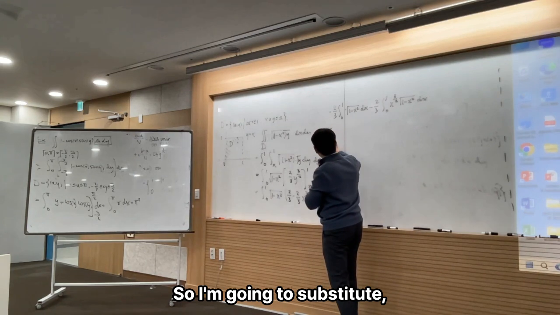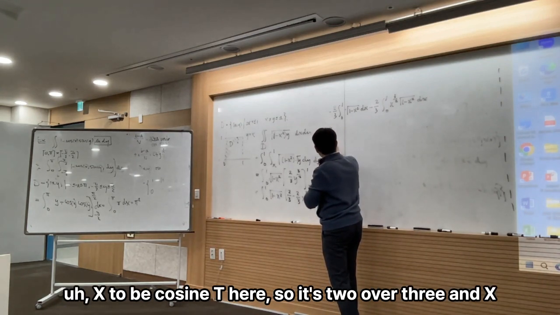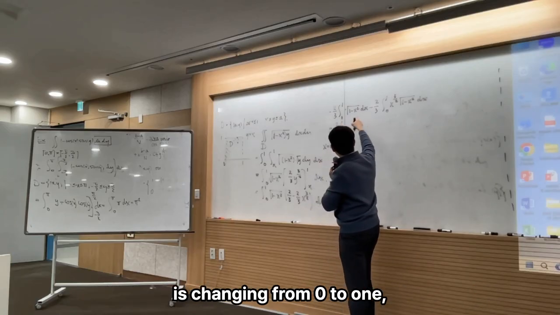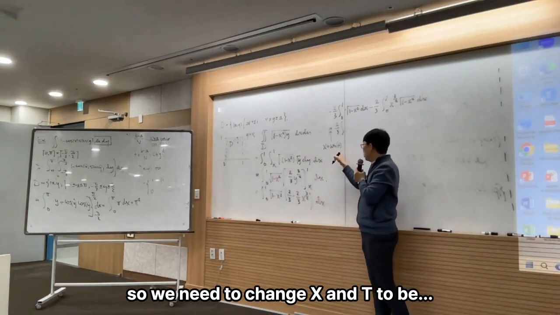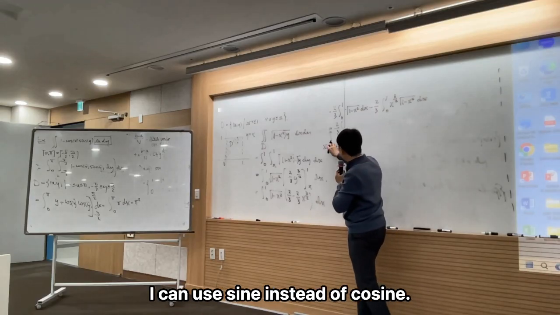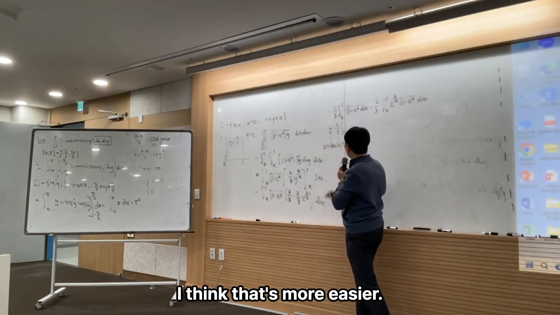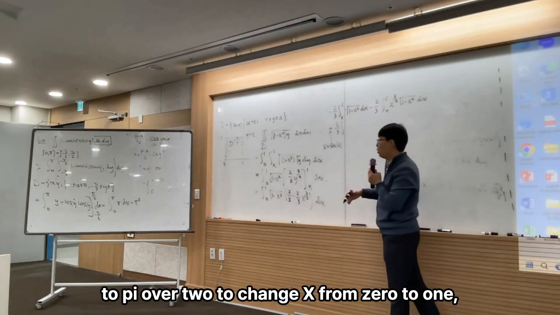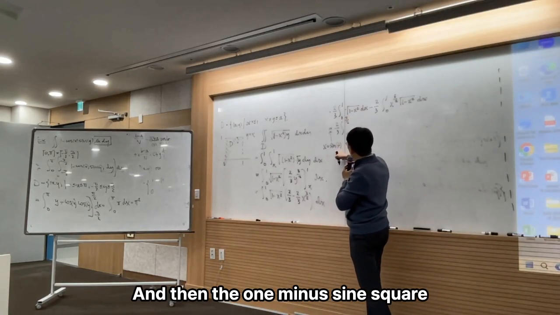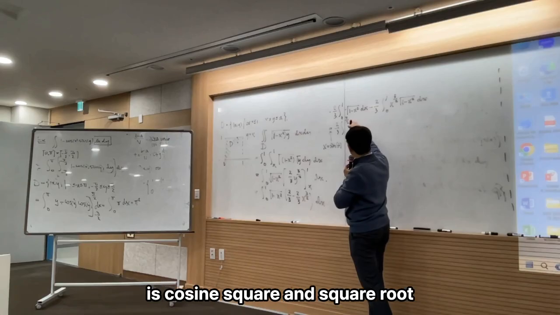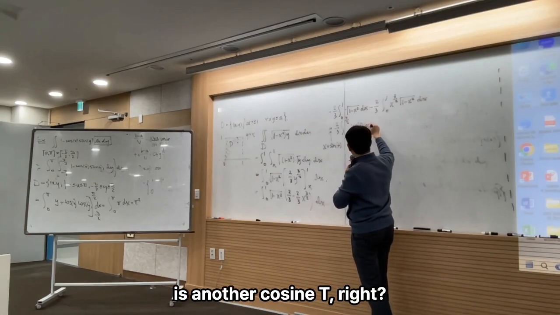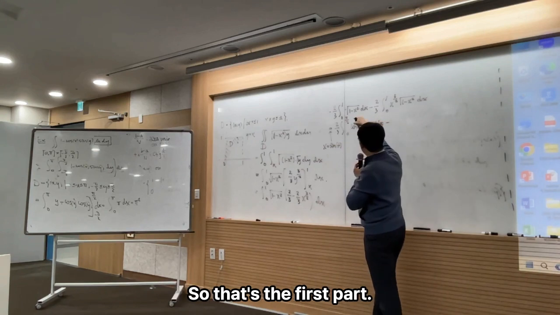I'm going to substitute x to be sine t here, I think it's easier. So t must be changing from 0 to pi over 2 to change x from 0 to 1. And then 1 minus sine squared is cosine squared, and the square root is cosine t, and dt is another cosine t, right? So that's the first part.